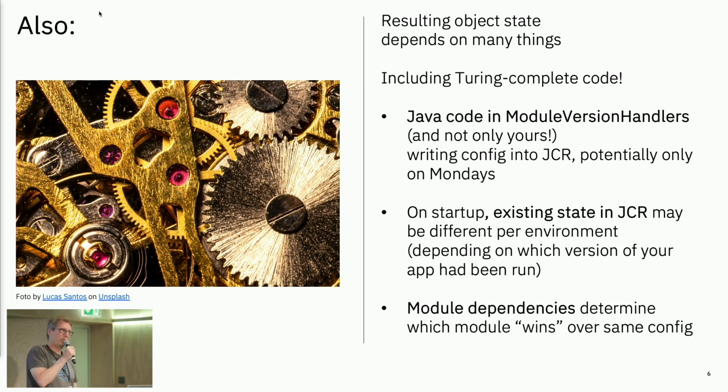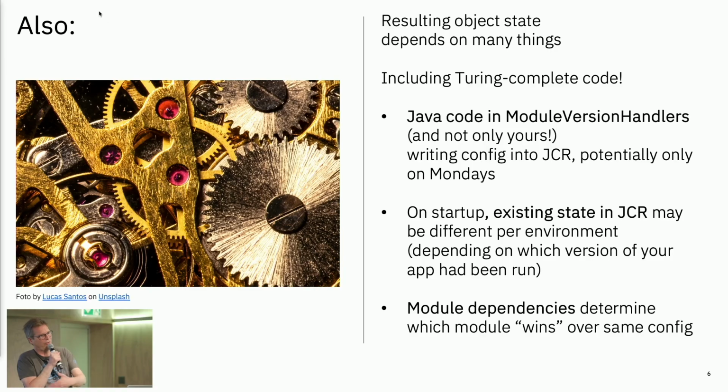It can be other people's version handlers. And they are writing config into JCR, and theoretically there could be an if that makes this work only on Mondays. And that's the problem with Turing complete code. If it would be just declarative, you wouldn't have those kinds of problems. You just couldn't have them. But it's really Java code that writes the config into JCR.